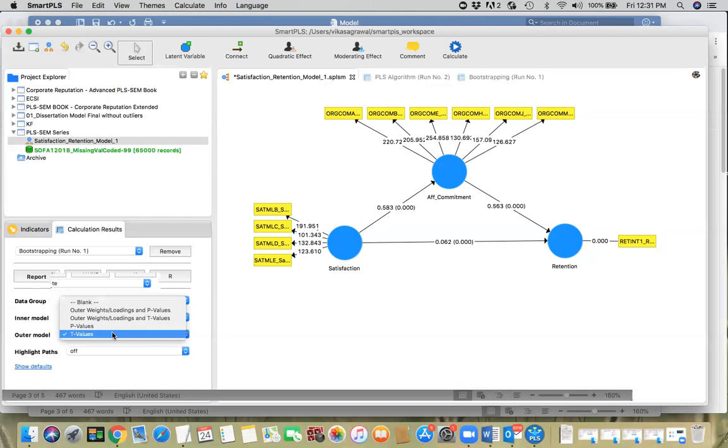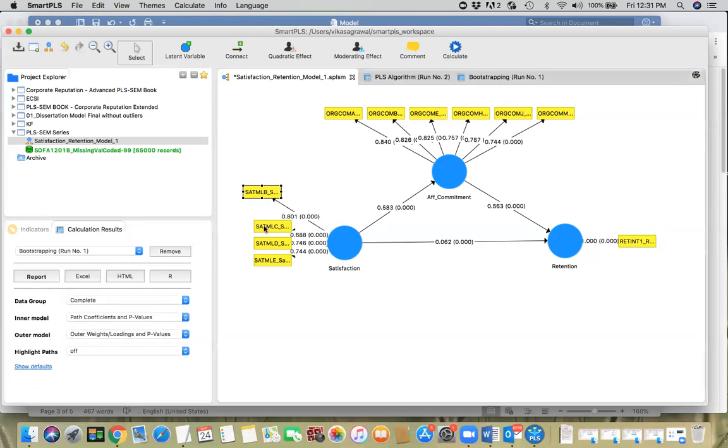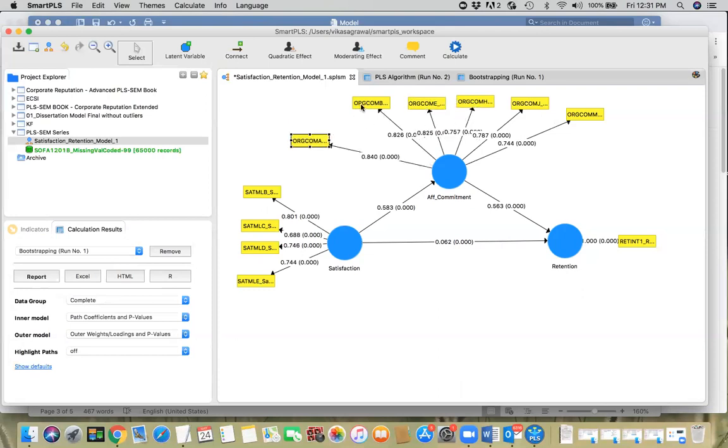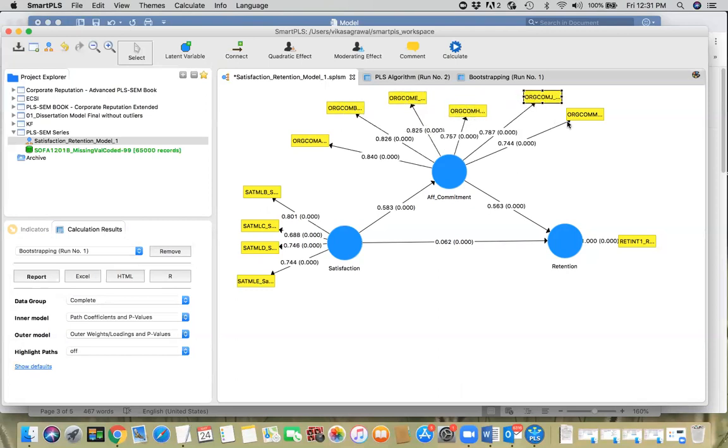Likewise, we can show the loadings and the p-values for each item. They are all highly loaded and they're all significant.